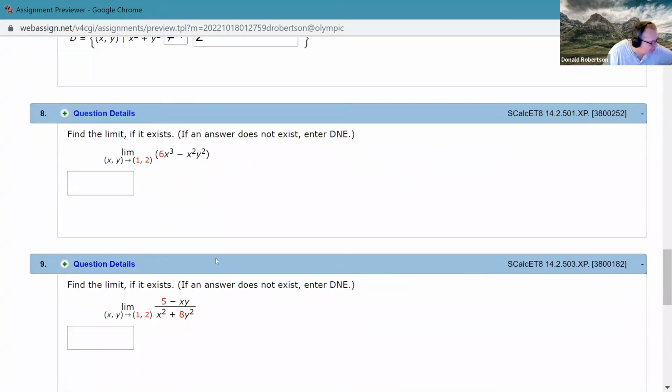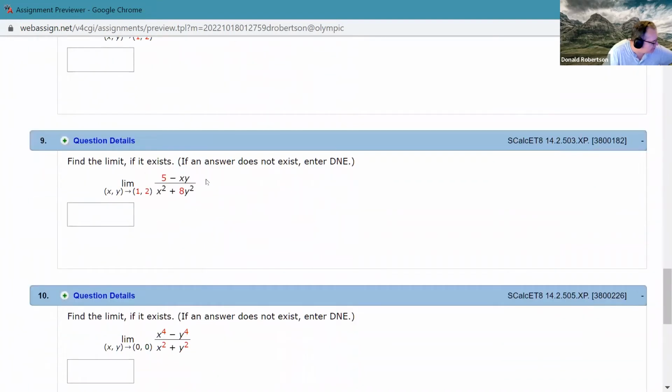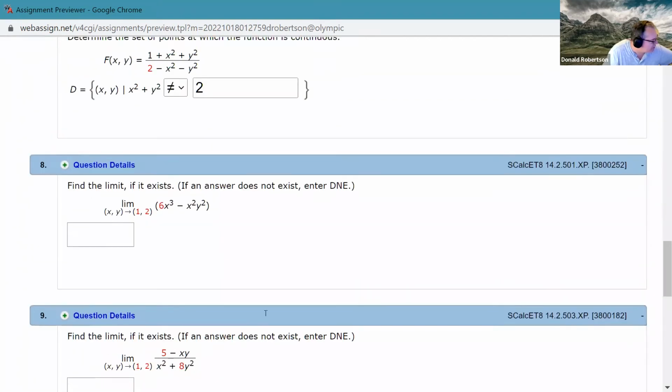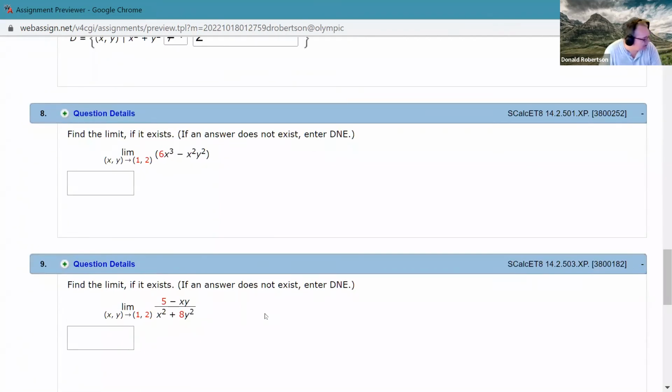Now we got some limit guys to worry about. I'm not going to bother with 10 because we've covered that, but let's talk about 8 and 9 because we haven't. And we have to adapt it. So I'll write the question down. The limit as x, y tends to 1, 2 of 6x cubed take away x squared y squared.